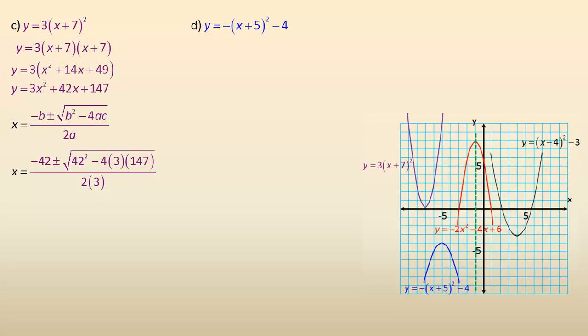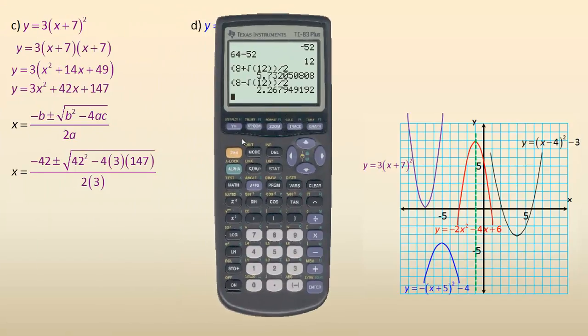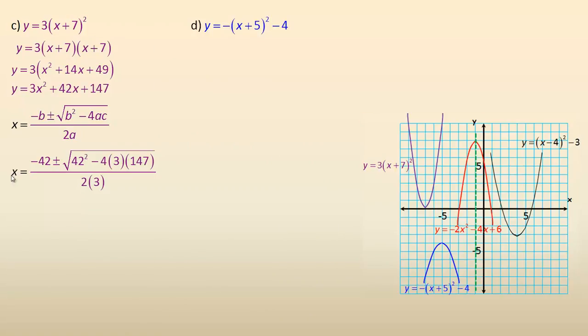So we might need the calculator for this one. So underneath the root, I'll clear this, we got 42 squared. So that's going to be 1764, and minus, well actually I shouldn't do that, negative 4 times 3 times 147. And look at that. This is going to be 1764 minus 1764. We're actually going to get a 0 underneath the root. And that's one of the things I want to show you in this exercise.